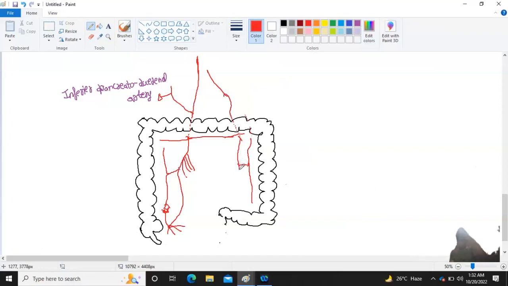Then it has some sigmoidal arteries. These are the sigmoidal arteries. And now it continues as the superior rectal artery. So this is the supply of the transverse colon. Then we can write the names here.